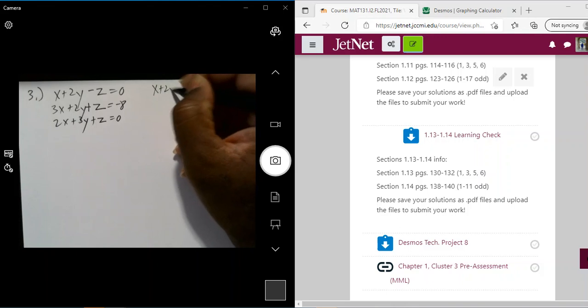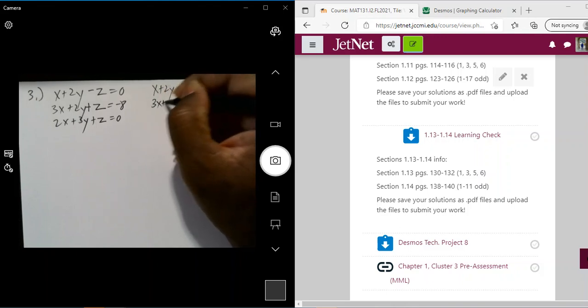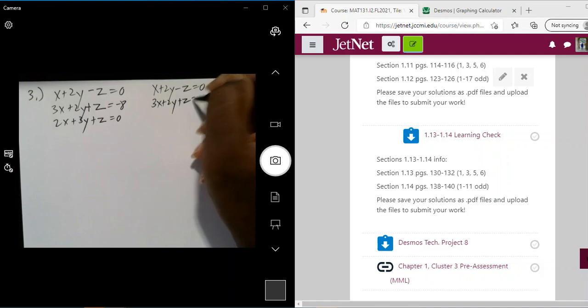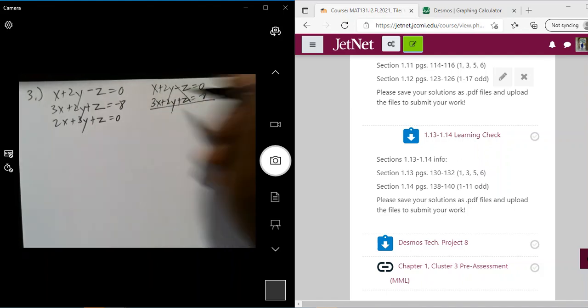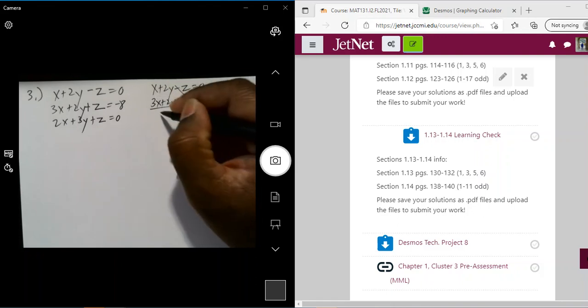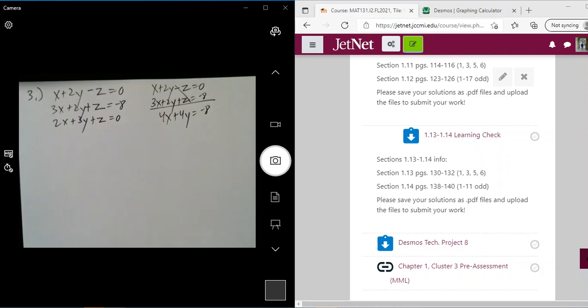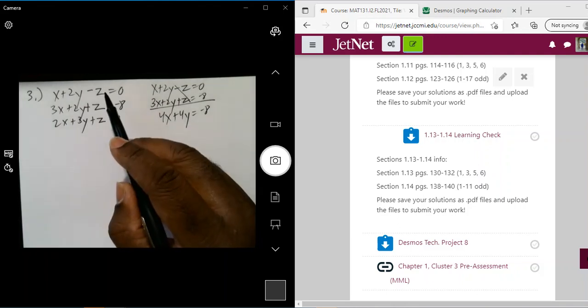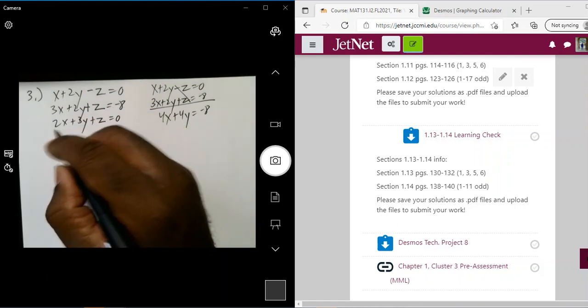So I'm going to take these first two equations and add them together, and these z's will simplify out. So this would be 4x plus 4y equals negative 8. Now I would take this top equation again and go with the bottom equation.